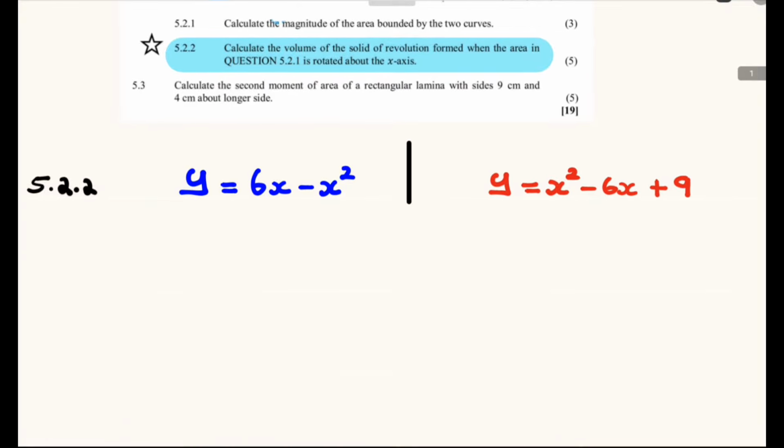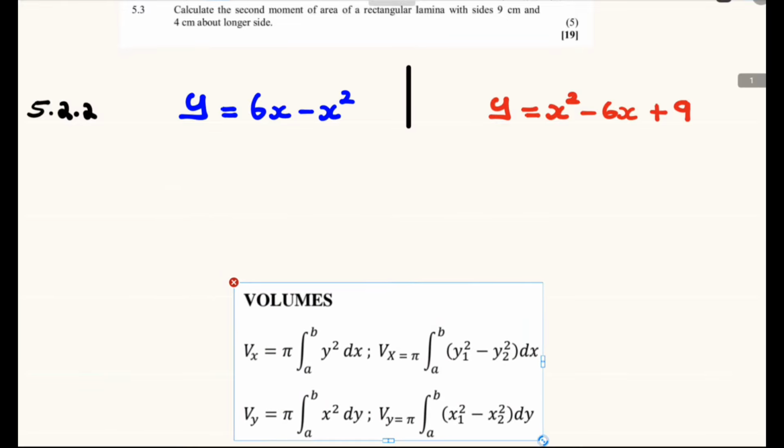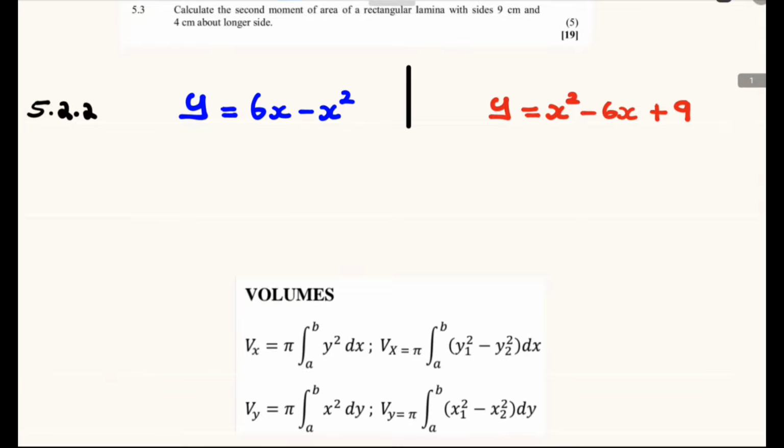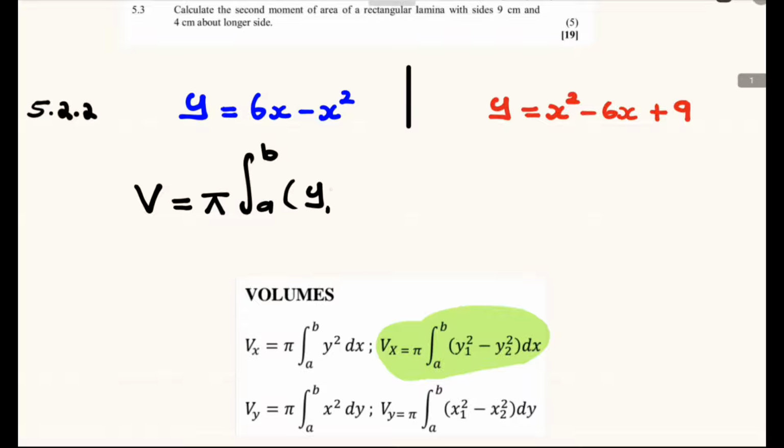We also use our formula sheet, and we have the volume formulas, and the one that we are going to use is the one which has two y's, and the volume will be equal to pi multiplied by the integral from the point A up until point B of y1 squared minus y2 squared dx.